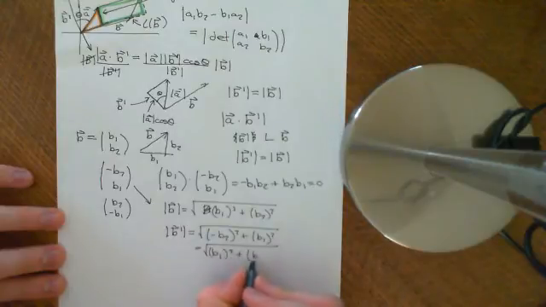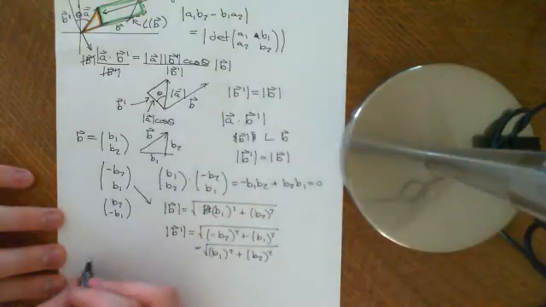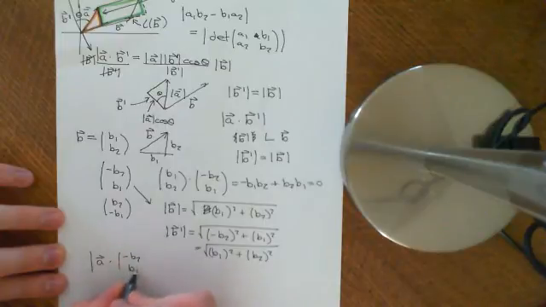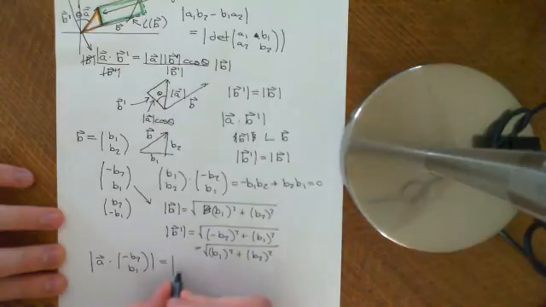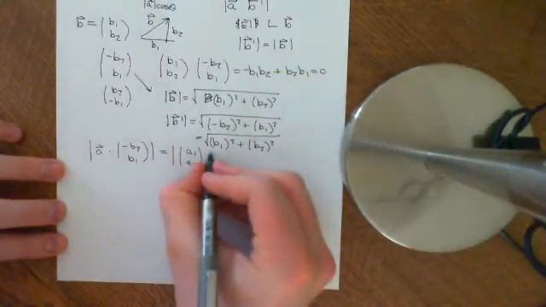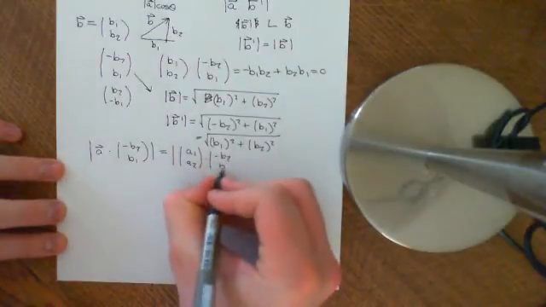So basically what we have now is that the area of this parallelogram is going to be the modulus of the vector A dotted with this vector here, which is negative B2, B1. Now stick in what A is equal to, and we get the modulus of A1, A2 dot producted with negative B2, B1.